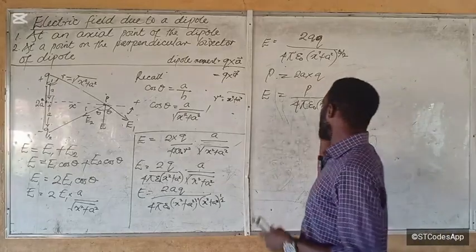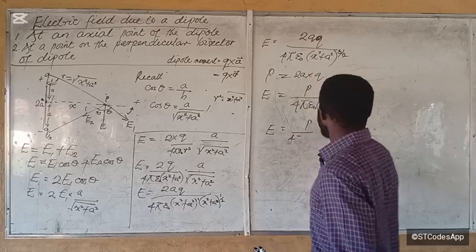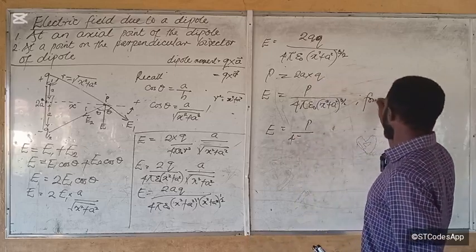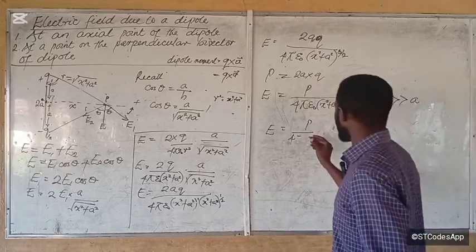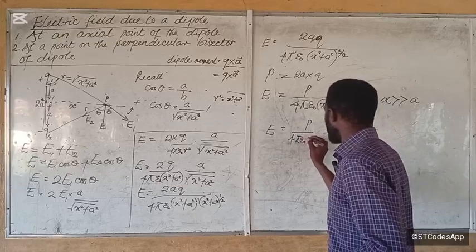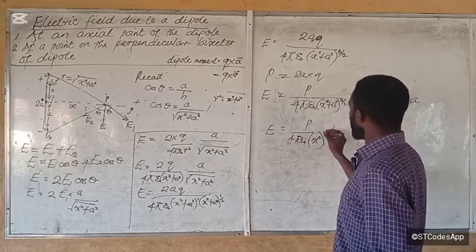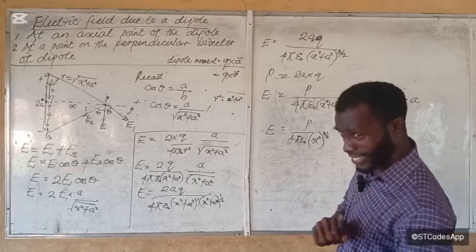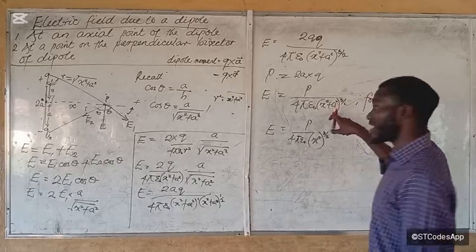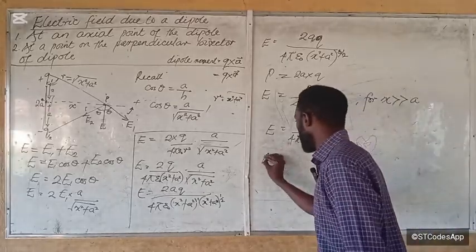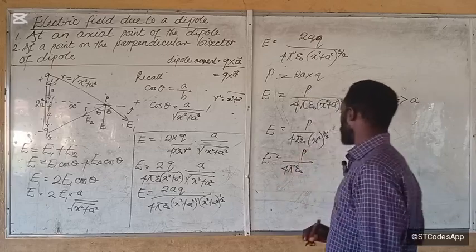So it can turn to E equal to P over 4 pi epsilon naught, for x very, very much greater than a, over x squared raised to power 3 over 2. Does this make sense? All right. Because a is very small or insignificant in this case, E equals P over 4 pi epsilon naught.